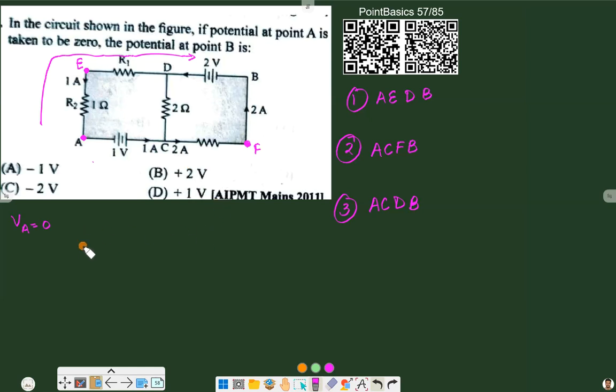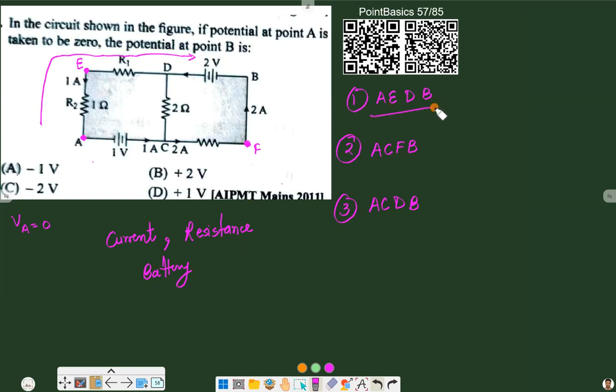We need to have value of current in that path, and we need to have value of resistance in that path, and we also need to have value of battery if some battery is in that path. Let us find out how to use these things.